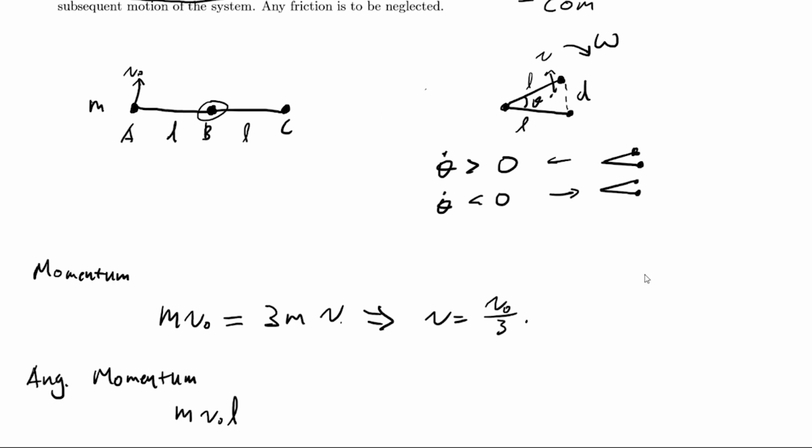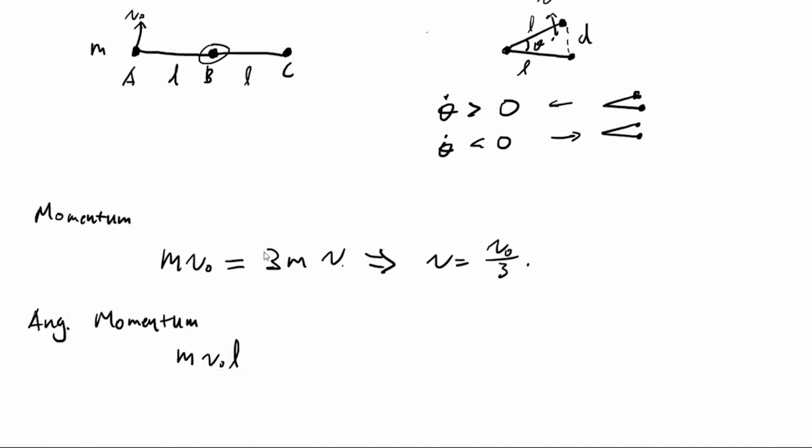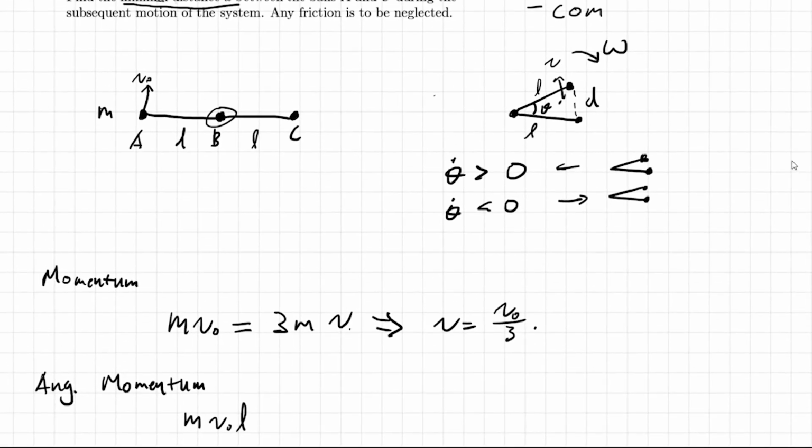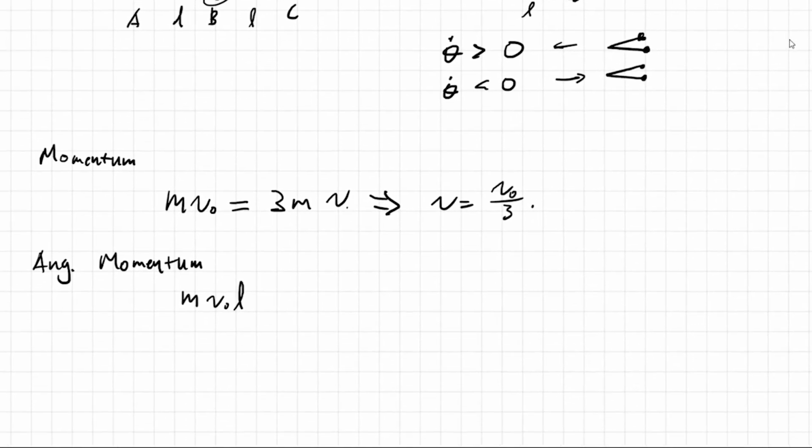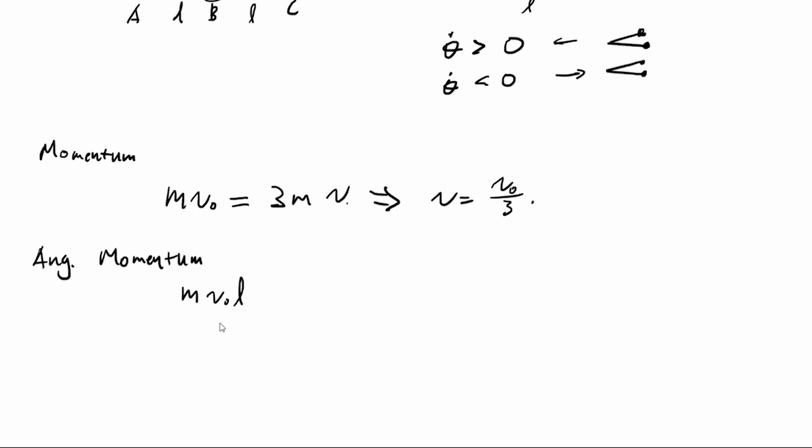The final angular momentum, since it's going to be a rigid body, is the moment of inertia times the angular velocity, so it's equal to I omega. So we need to find I. This can be rewritten as omega equals m v0 L over I.